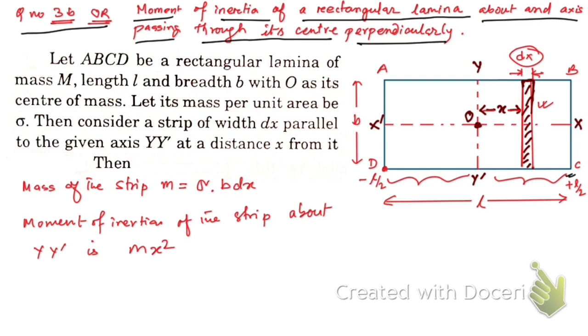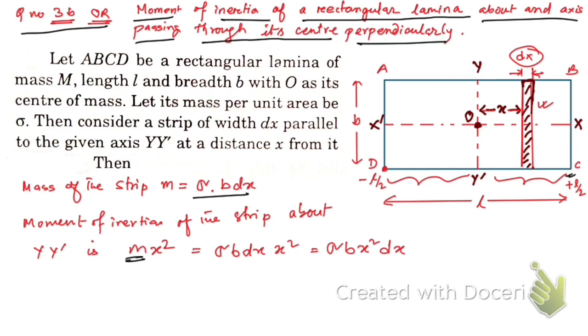The mass m is equal to sigma b dx, so we put sigma b dx into x square, which is written as sigma b x square dx. Hope you have understood this.